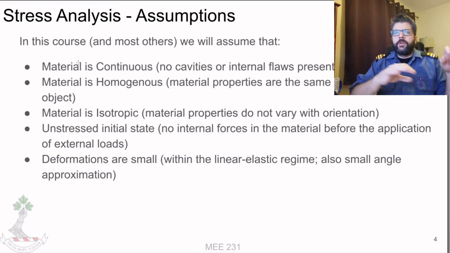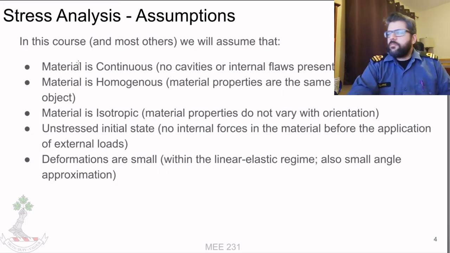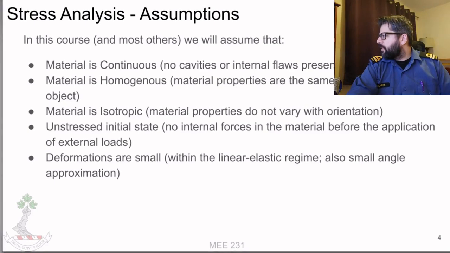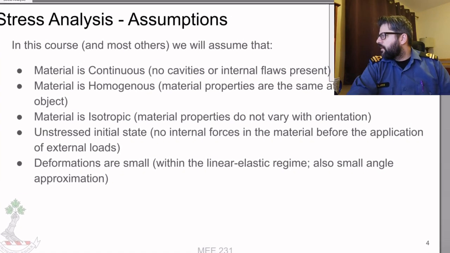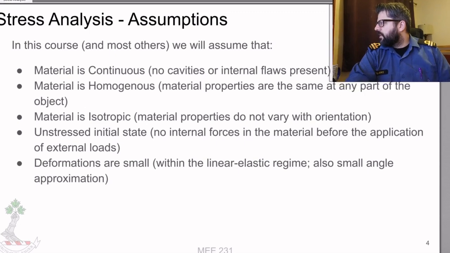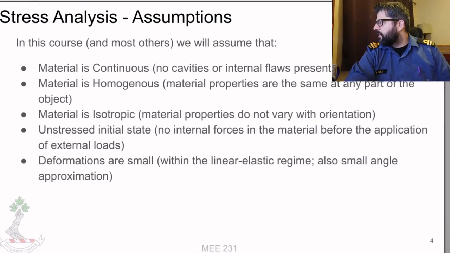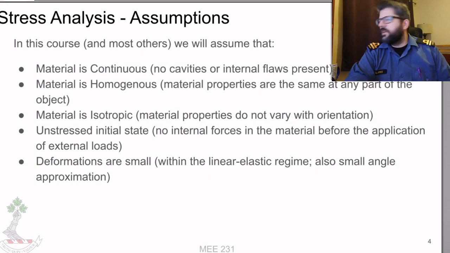So a few assumptions we're going to be making. We're assuming that the material in question is homogeneous and continuous. So again, it doesn't have any internal flaws. It doesn't have any cavities.